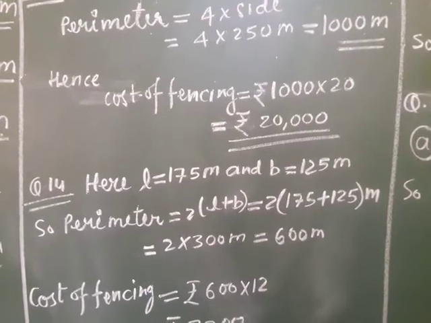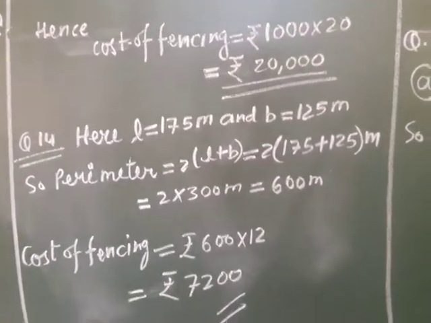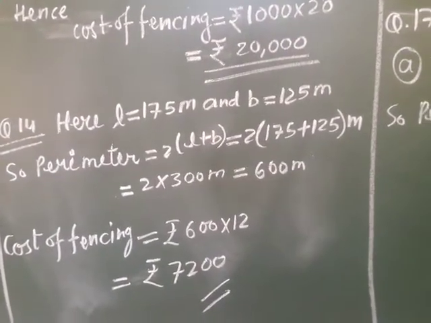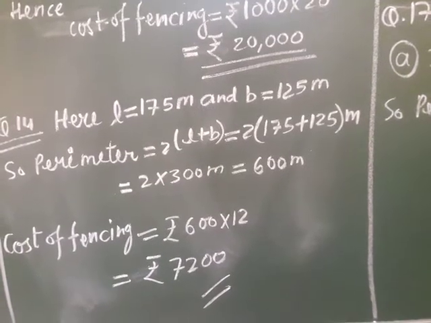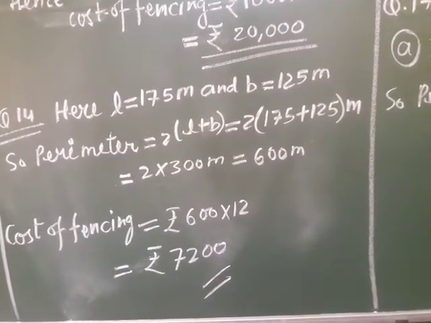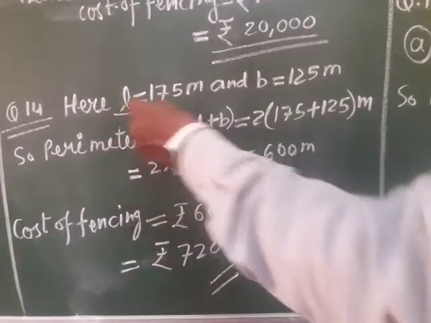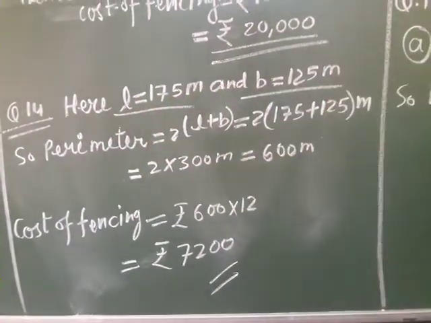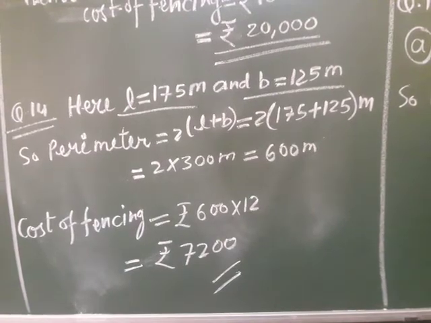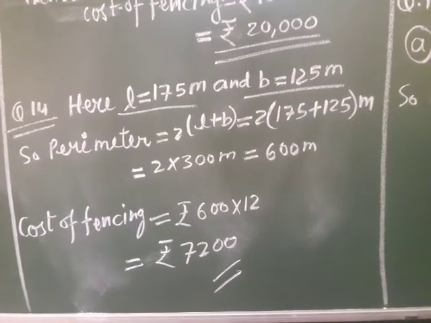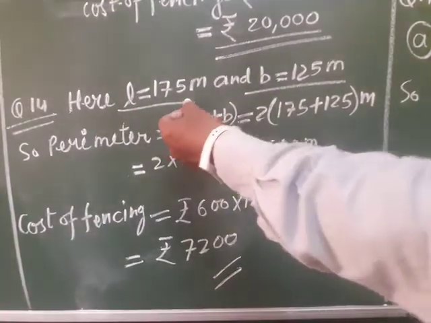Now going to question number 14. Here the question is saying, find the cost of fencing a rectangular park of length 175 meter and breadth 125 meter at the rate of rupees 12 per meter. First of all we have to find the perimeter.